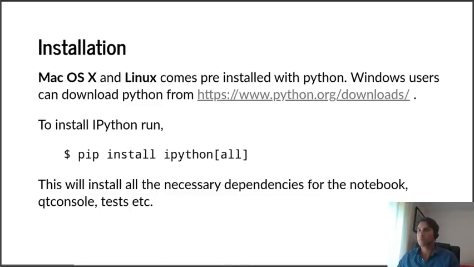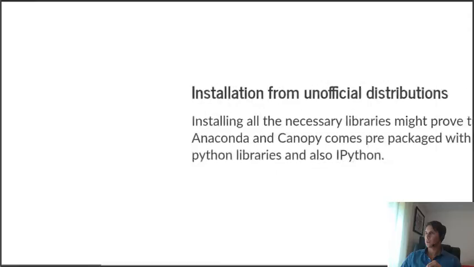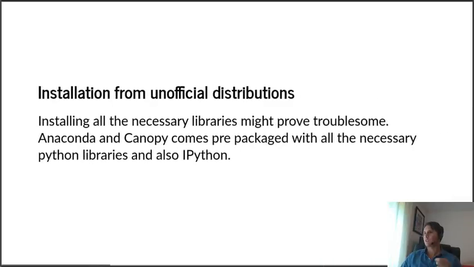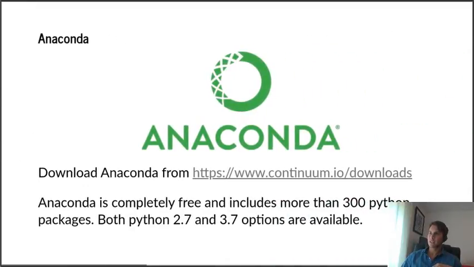As we don't want to break the operating system, it's not that good to start tweaking the default Python. Usually it's better to create an external environment with a packed version of Python. That's why we try to install it with unofficial distributions such as Anaconda or Canopy. Especially Anaconda is very easy to install.